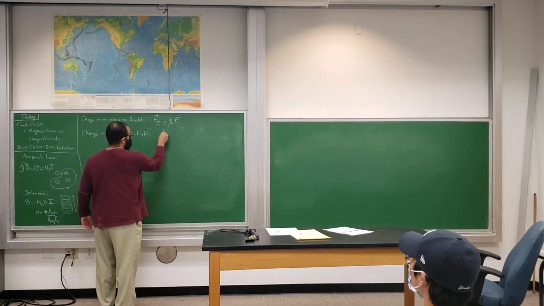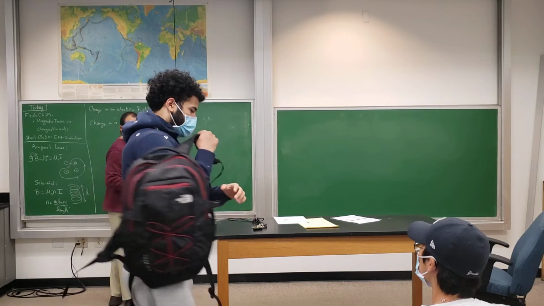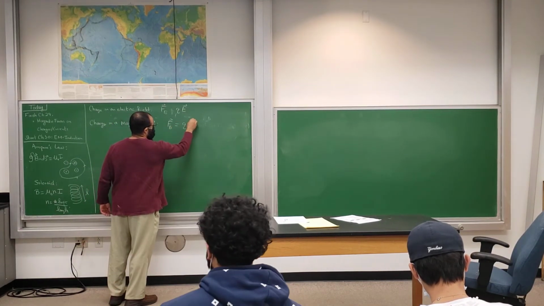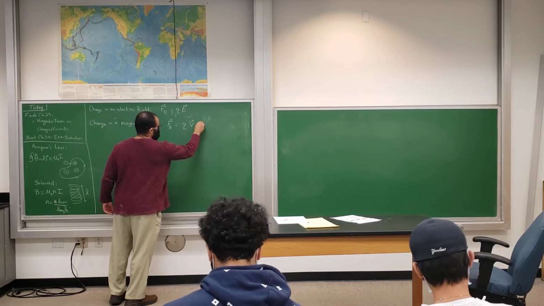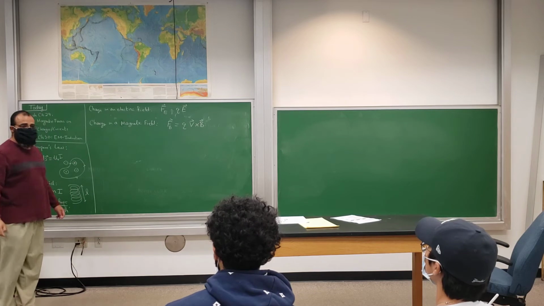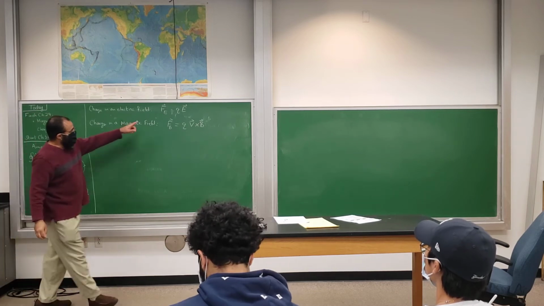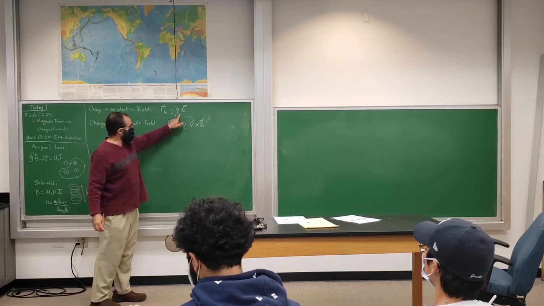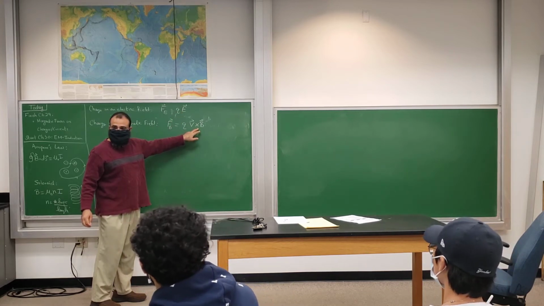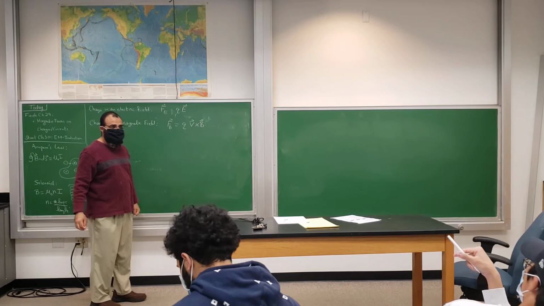F due to a magnetic field, F_B, is equal to Q times the velocity of the charge cross-producted with the magnetic field B. That's the magnetic force. See, the electric force is simpler, just the product of Q and E. Magnetic force has this cross product.